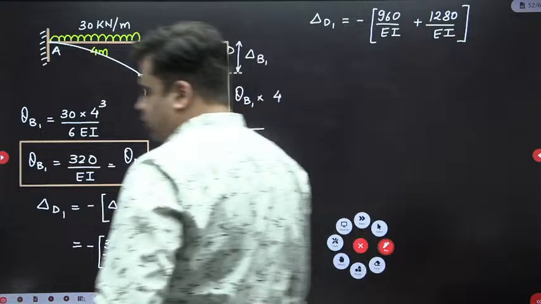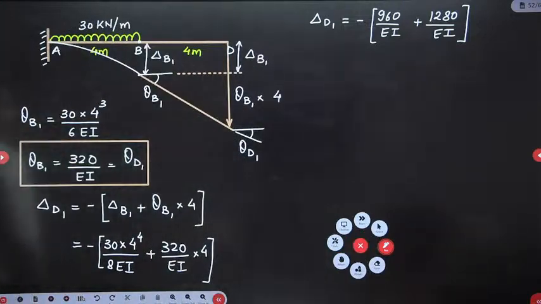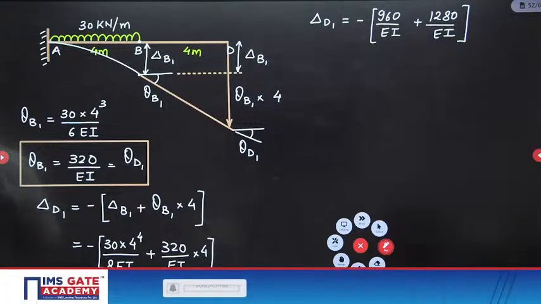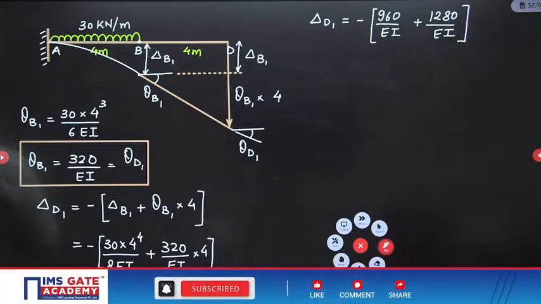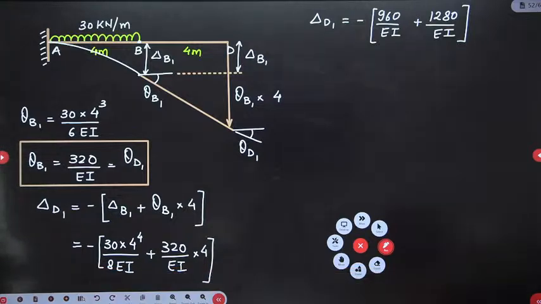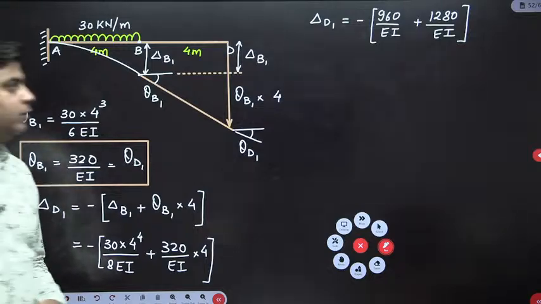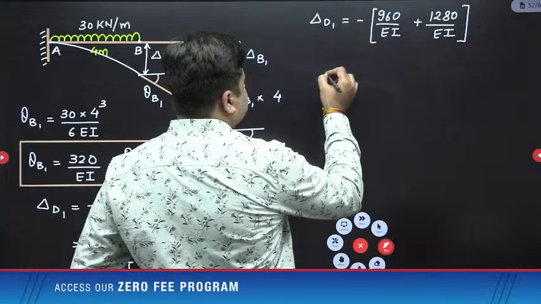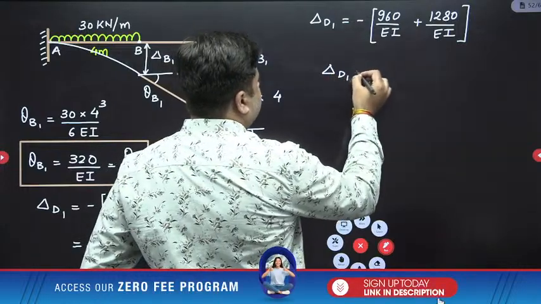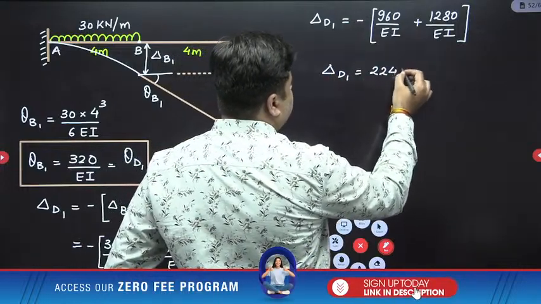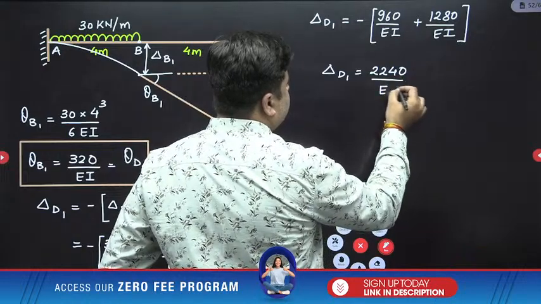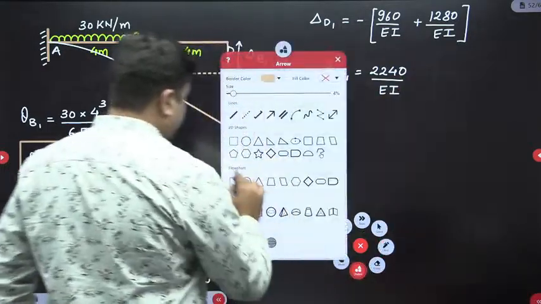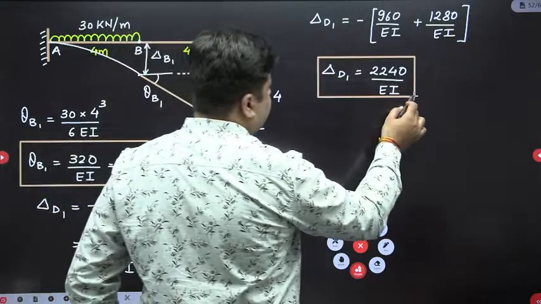Please calculate the total: 960 plus 1280. So this will be 2240 by EI. So delta D1 is 2240 by EI. So we got the value of theta D1 and delta D1.